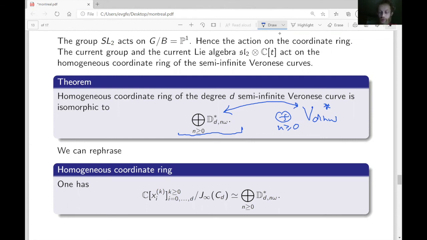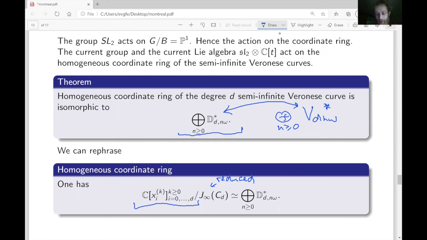And so we can get back to this explicit description of the homogeneous coordinate ring, namely that we have this polynomial ring in an infinite number of variables labeled by I from 0 to D and K from 0 to infinity. And this is the reduced ideal of all the polynomials vanishing on our curve. The result is the direct sum over all n of those global Demazure modules.